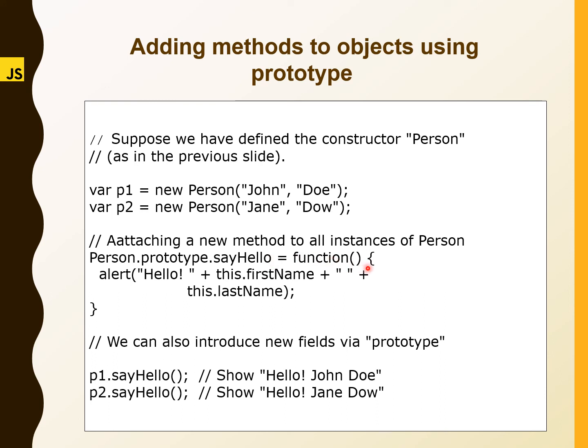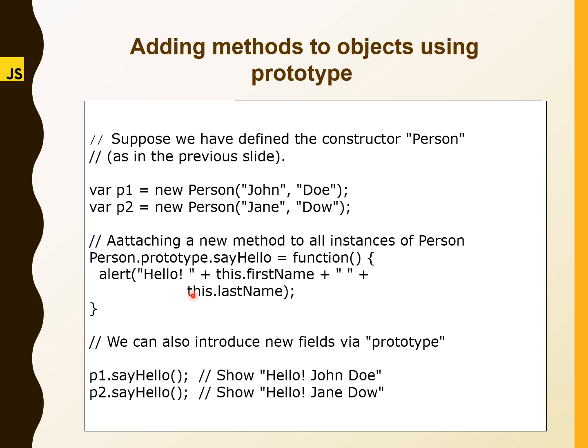After that, the function defining block contains an alert statement with the message hello this.firstName space this.lastName. So this means that we are adding a new method to all the instances of person. We mentioned Person as a constructor function with attributes first name, last name, and the sayHi function.